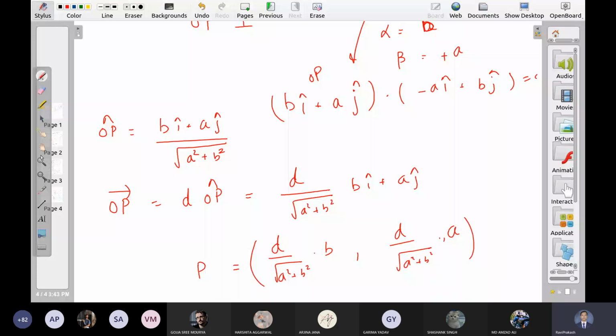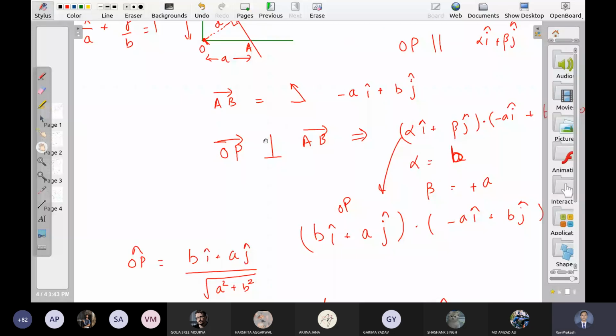This point P lies on the line. It means for these points this equation is true.